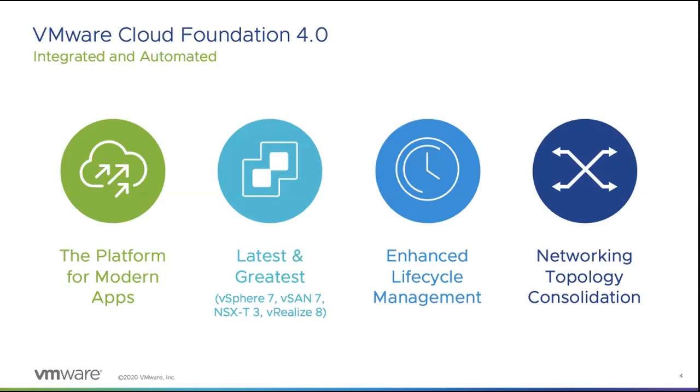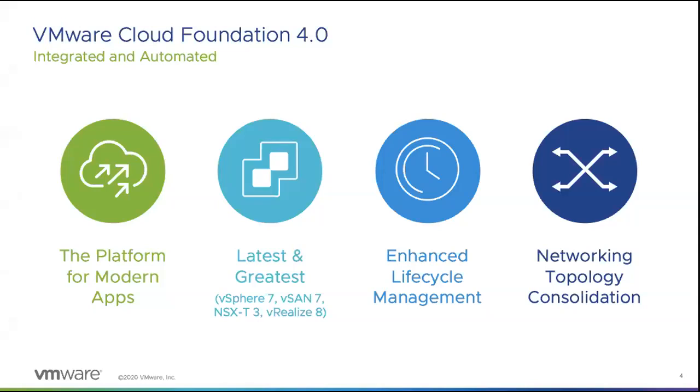So VCF is built, like you can see, from the latest and greatest of VMware innovations. So you have vSphere 7, vSAN 7, vRealize 8, plus the latest NSX-T networking enhancements. And one of the core innovations of VCF 4.0 is VLCM. VLCM provides deeper lifecycle management, which integrates into the qualified vSAN-ready nodes. We'll look more into detail about this in the future slides.